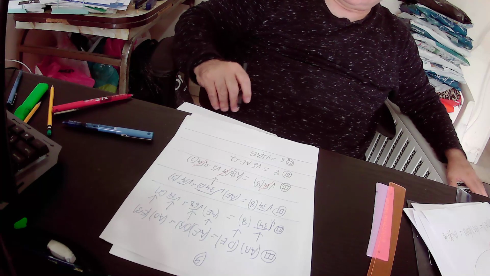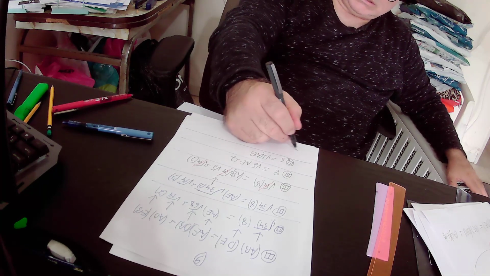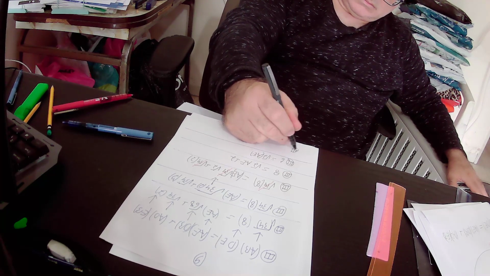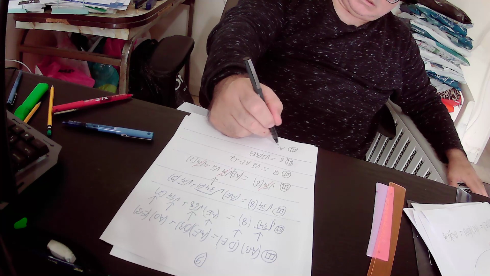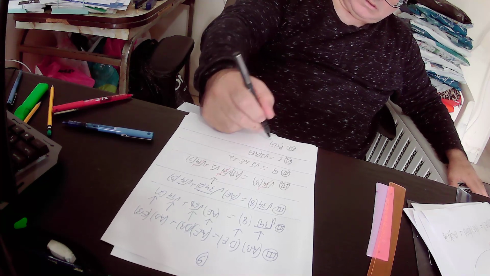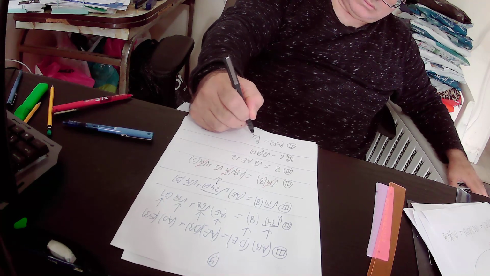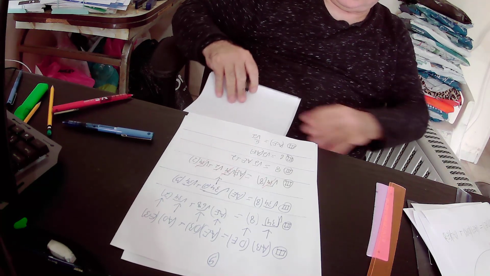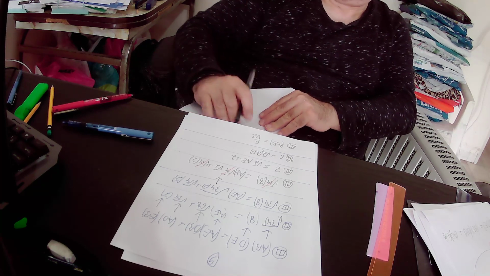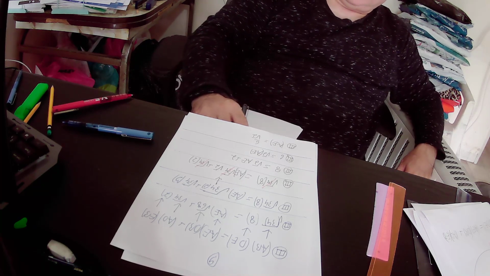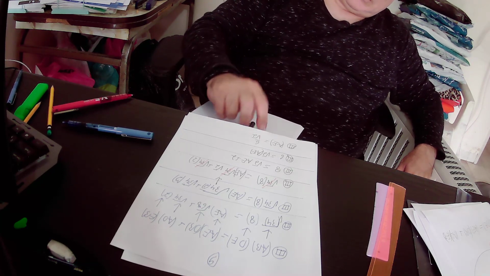We will divide this equation by the square root of 2, and we will get that AE equals 6 over the square root of 2. So here we know that 6 equals 3 times 2, so we write it down.